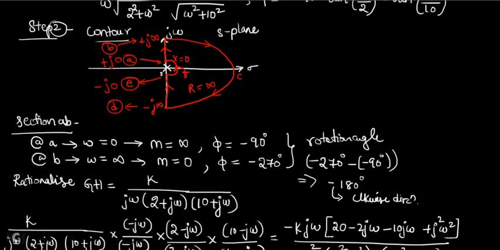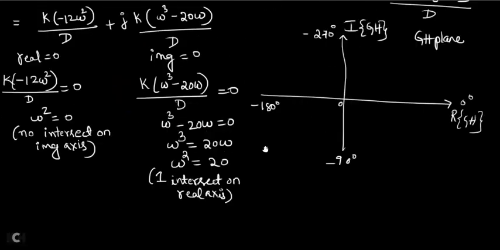For A you got M equal to infinity and angle is minus 90 degree. So on minus 90 degree mark infinity. Where is the minus 90 degree line? On minus 90 degree mark infinity. I cannot show infinity, no, on minus 90 degree. So I assume that this point is only infinity because I cannot show clearly where infinity is. That's why I am marking it as infinity. Okay, now this is your point A.